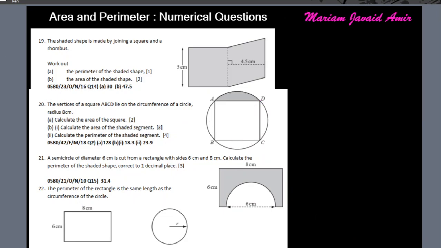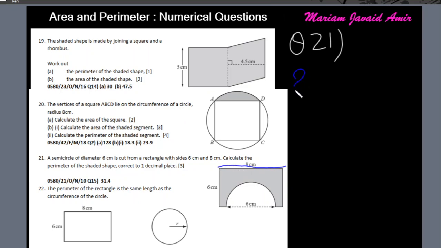Question 21. The semicircle of diameter 6 cm is cut from a rectangle with sides 6 cm and 8 cm. Calculate the perimeter of the shaded shape correct to 1 decimal place. Alright. So perimeter is again the sum of all sides, the boundaries.